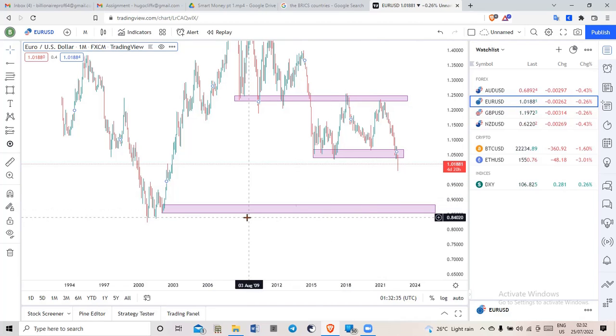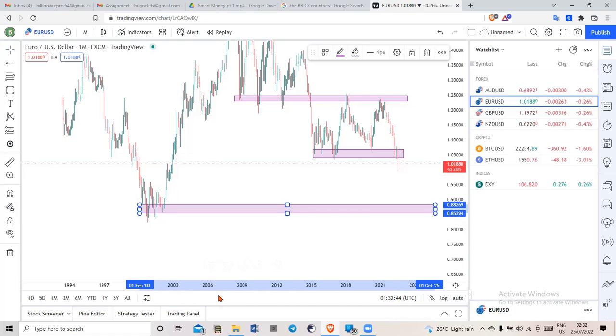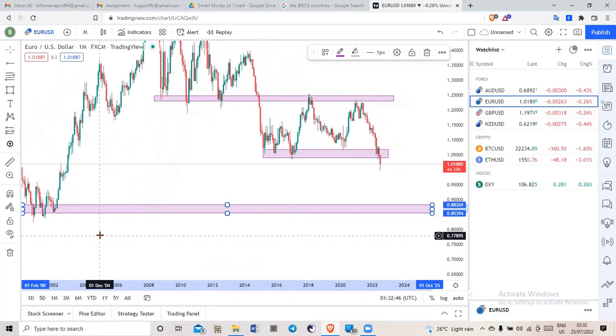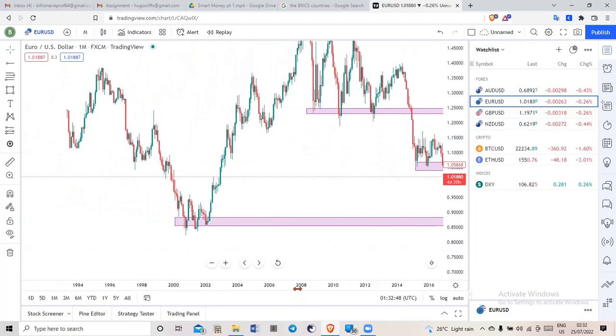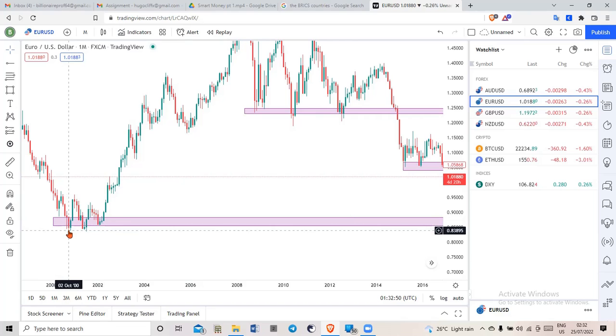So this is the next area of support. You can see 1, 2, 3, so it's 3 bounces here. If I zoom in, you can see price came here, bounced up, came down, bounced up, and came down. So here is also a resistance which was also broken.